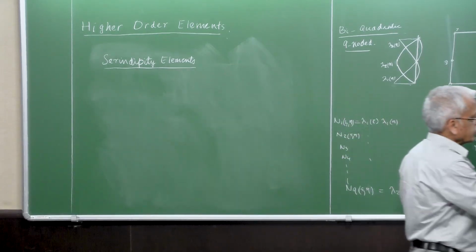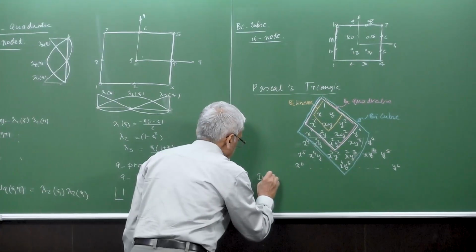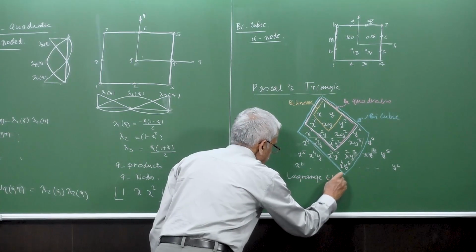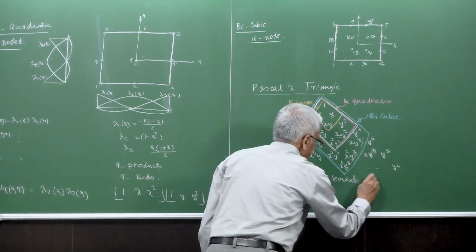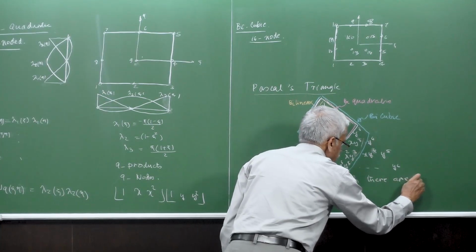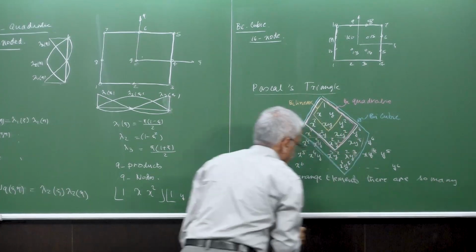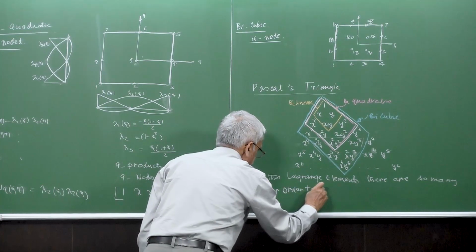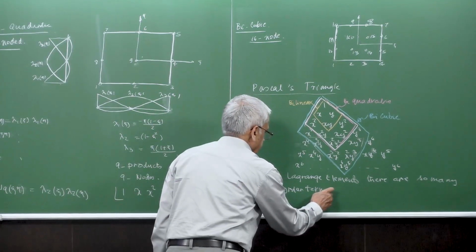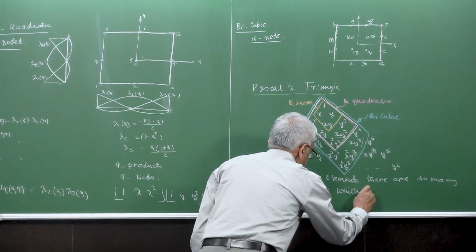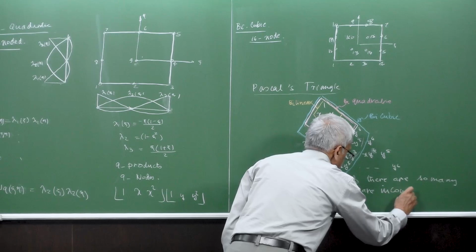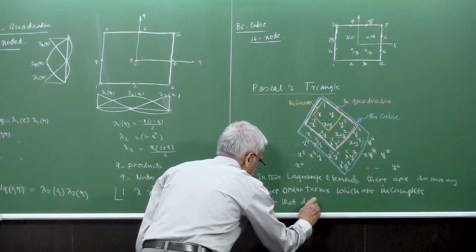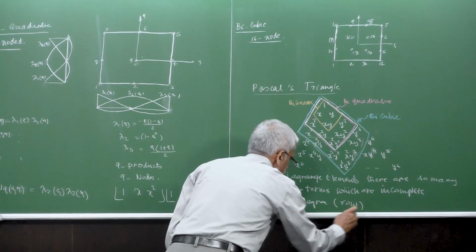So if you want, we can write it here. In this Lagrangian element, there are so many higher order terms which are incomplete in that degree, or to be more precise, in that row of terms.